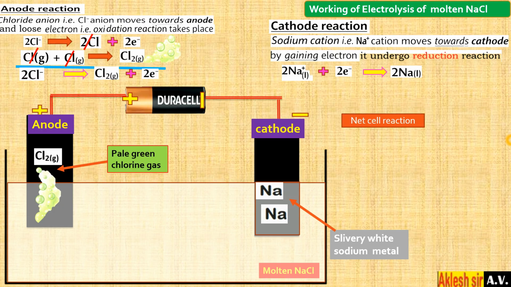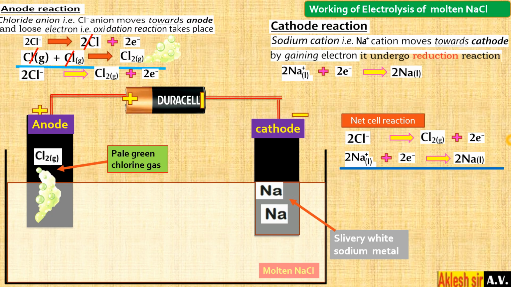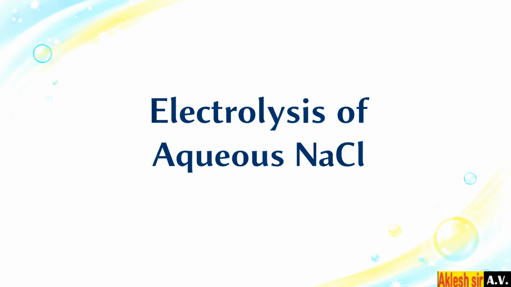Net cell reaction: the first half reaction is of the anode, and the second half reaction is of the cathode. To get the net cell reaction, cancel the 2 electrons on both sides, so the net cell reaction is 2 Na+ react with 2 Cl- to give 2 sodium atoms and chlorine gas.